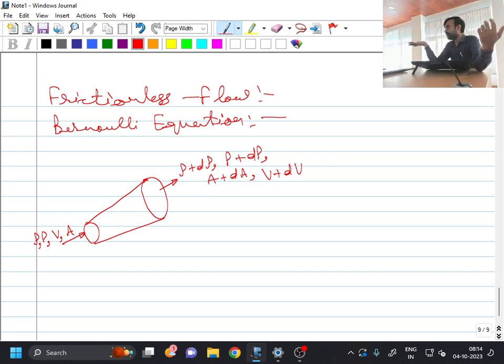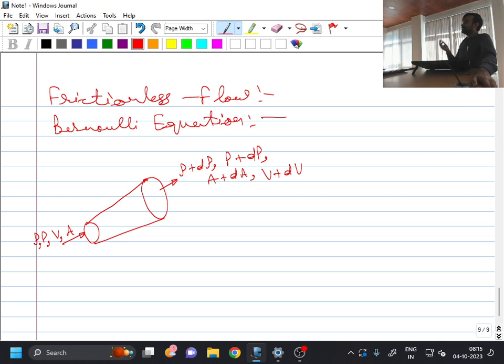As this is a stream tube of infinitesimally small size, it will be identical to nothing but a single streamline.